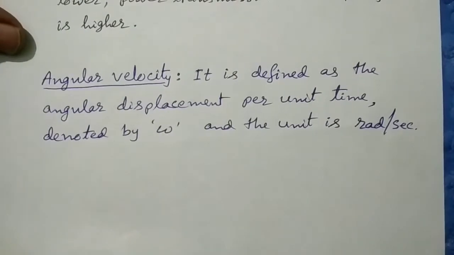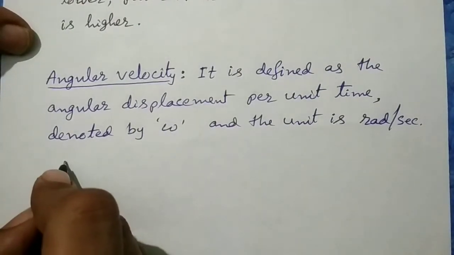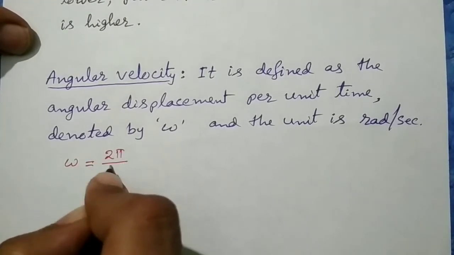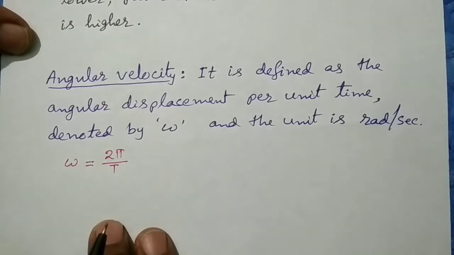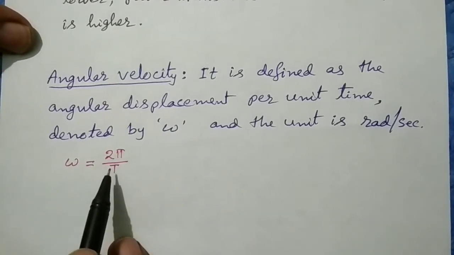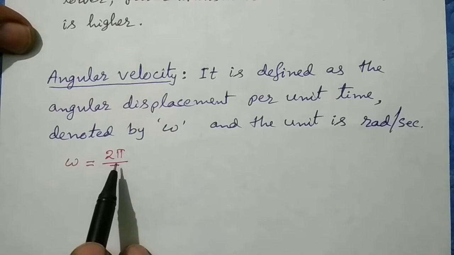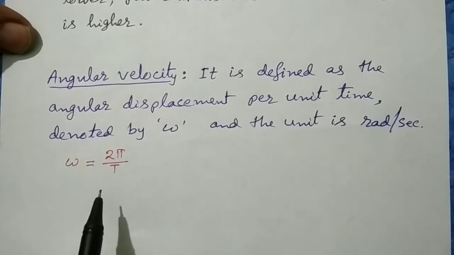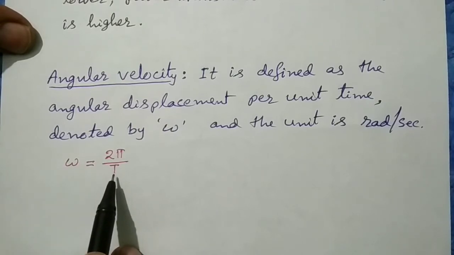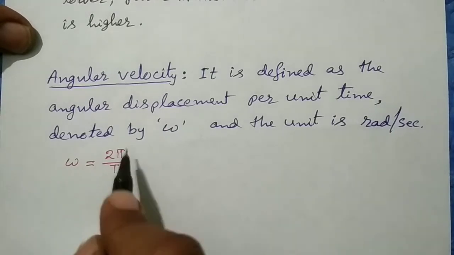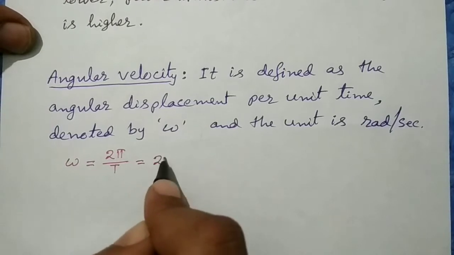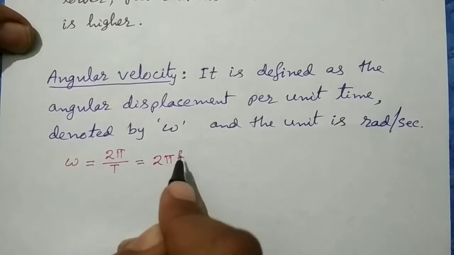Therefore, the angular velocity can be defined as omega equal to 2 pi upon T, because for one complete rotation the angular displacement is 2 pi radian, and it takes the time, which is called the time period. Now we know that 1 upon T can also be written as f. So omega can also be represented by 2 pi f.